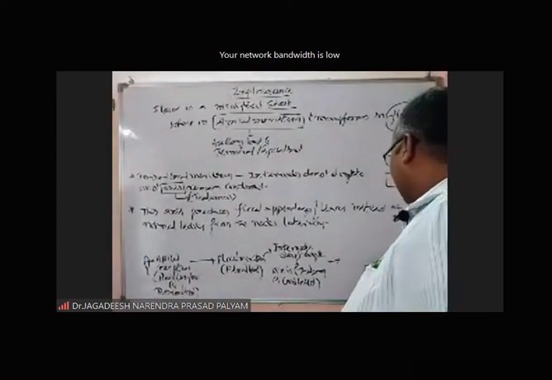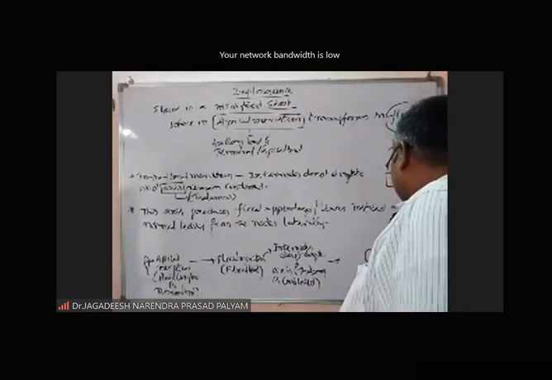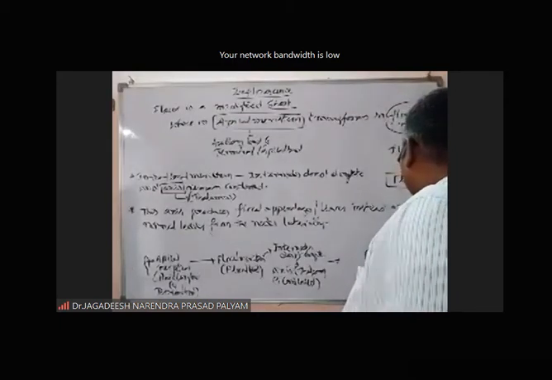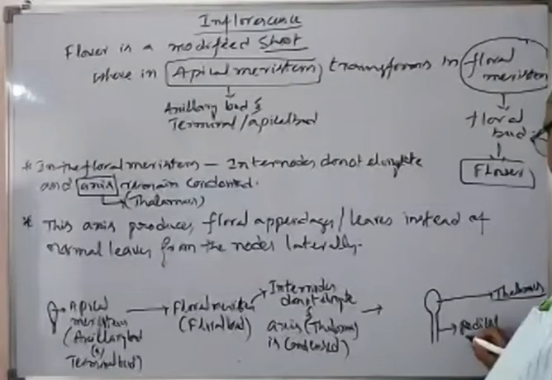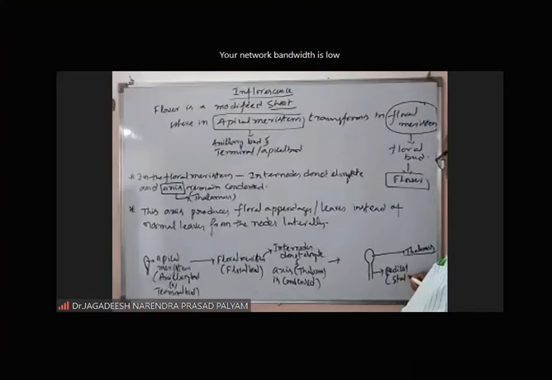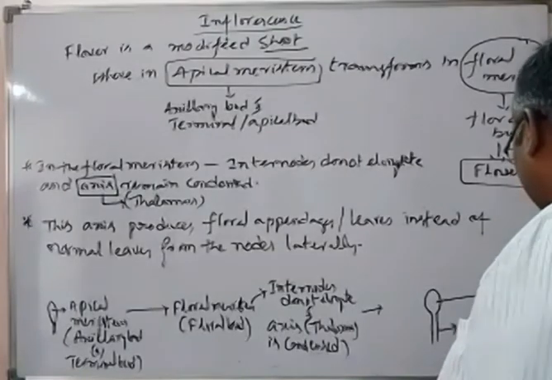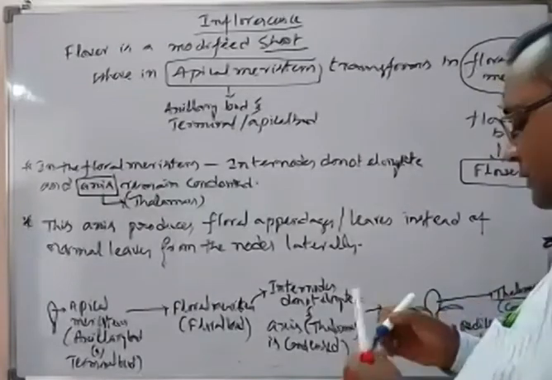This condensed axis, what is thalamus? Thalamus means apex of the pedicel. This is pedicel and this is thalamus. Condensed apices of pedicel. What is pedicel? Stalk of flower. Stalk of flower is pedicel. Now, this axis is condensed. Thalamus is condensed. Now it forms floral leaves instead of normal leaves.